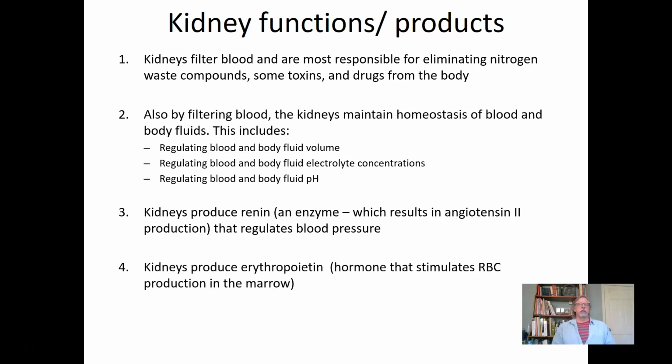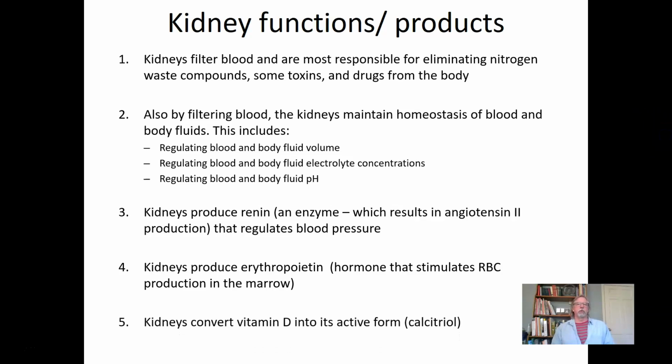Fourth function is kidneys produce the hormone erythropoietin. So they produce this directly. And for that reason, the kidneys partially have an endocrine function. Recall that EPO is the hormone that stimulates red blood cell production in the bone marrow.